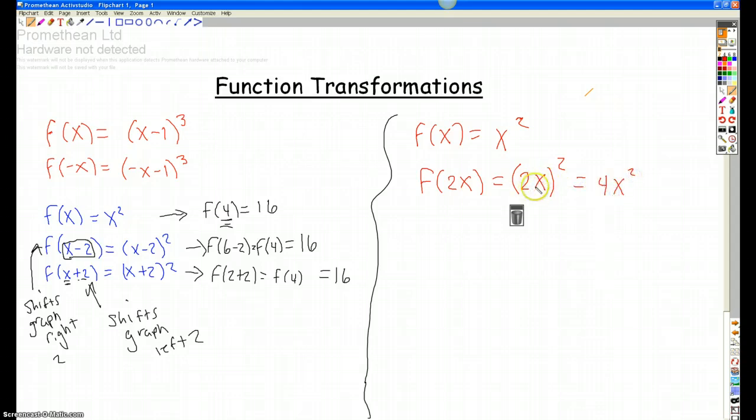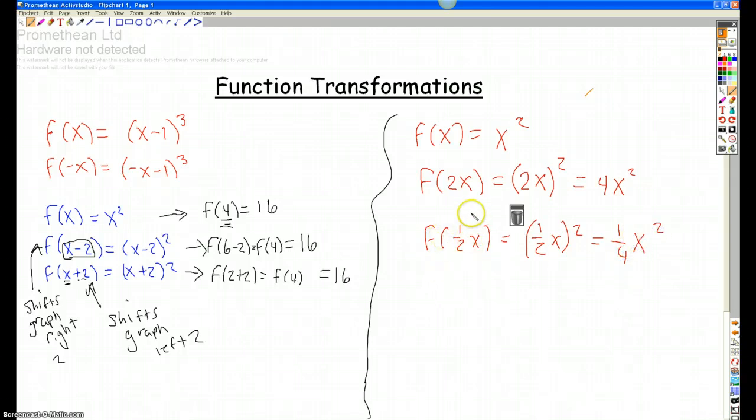Because that's 2x times 2x, which is 2 times 2 times x times x, 4x squared. And then we'll take a look at f of 1/2 x, which is 1/2 x squared, which is 1/2 times 1/2, which is 1/4. x times x is x squared.